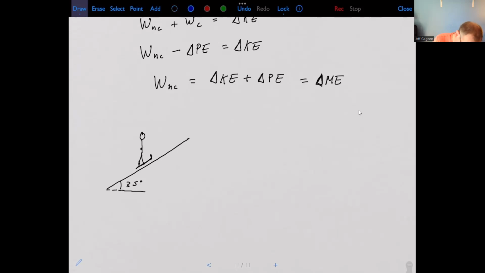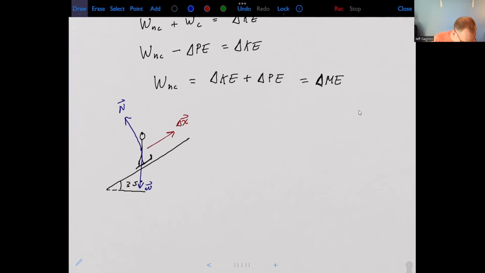Well, their weight is acting down. That's the gravitational force, so that is a conservative force. There's a normal force, which acts perpendicular to the ramp. But that's not going to do any work, because the displacement is going to be up the ramp here.